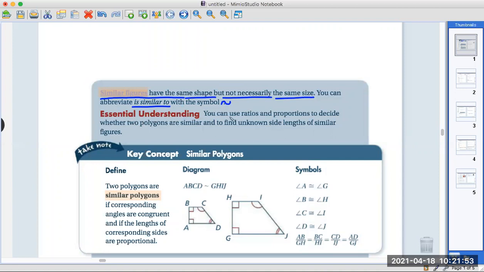Essential understanding: you can use ratios. Ratios are fractions, and proportions are two equal fractions, to decide whether two polygons are similar and to find unknown side lengths of similar figures.